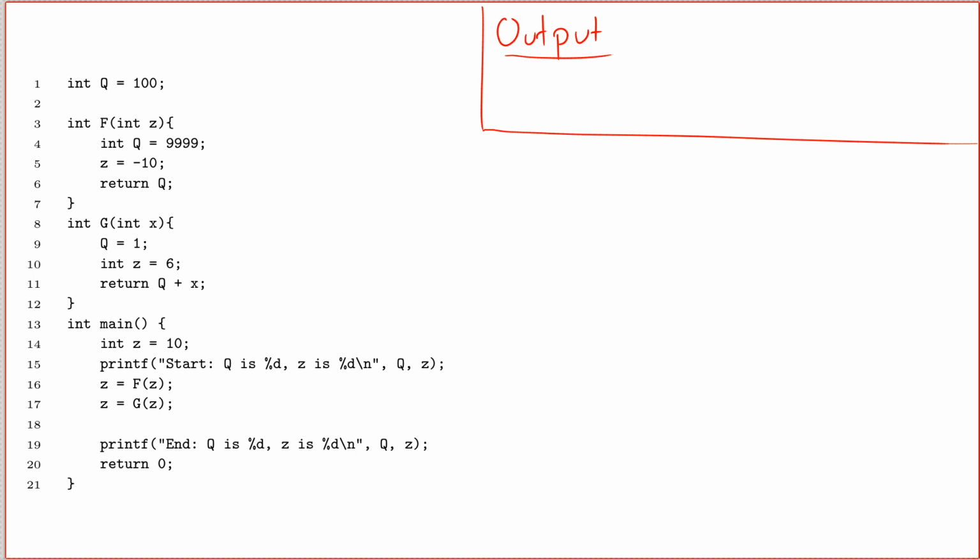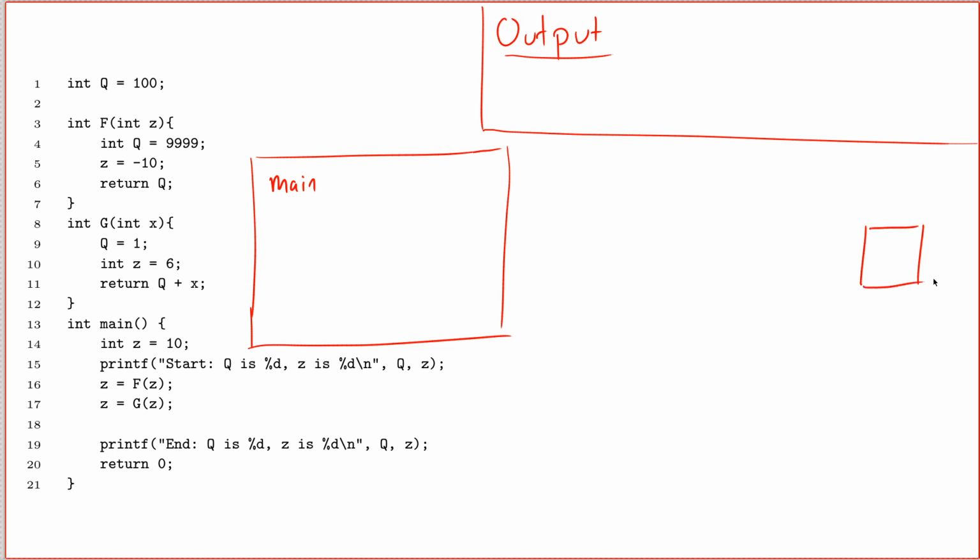Okay, first thing. I'm going to start working on my diagram for main, and I'm going to remember that my program has global variables, like that one, so I need to make sure all the global variables already exist on my diagram before the program begins. You might also notice that as I run my program, as I call a function and the function returns, I create scopes and I obliterate them.